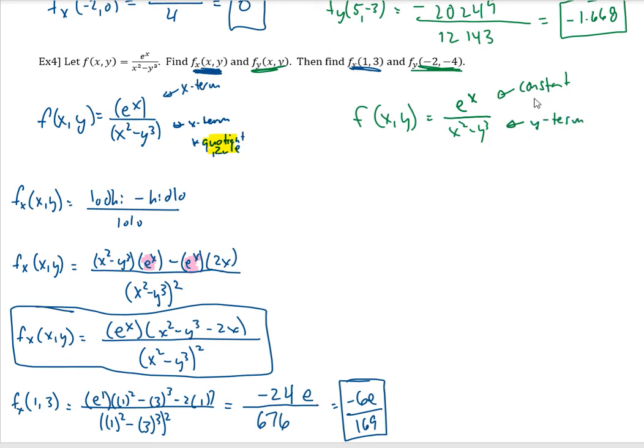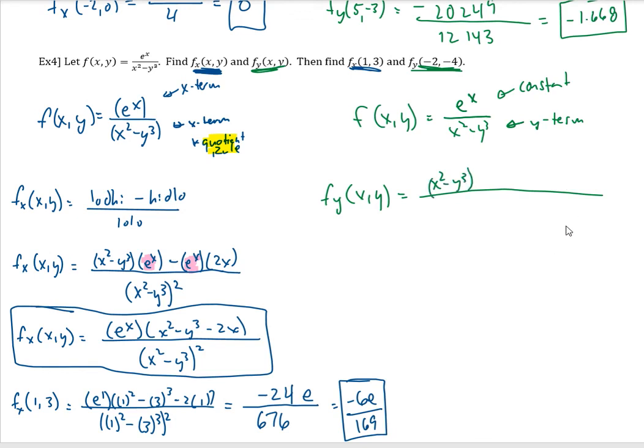If you want to be safe, you could still do the quotient rule. Might as well. Let's do our quotient rule. So I've got my partial derivative with respect to y equals, okay, so I have my low one. My low one is x squared minus y cubed.